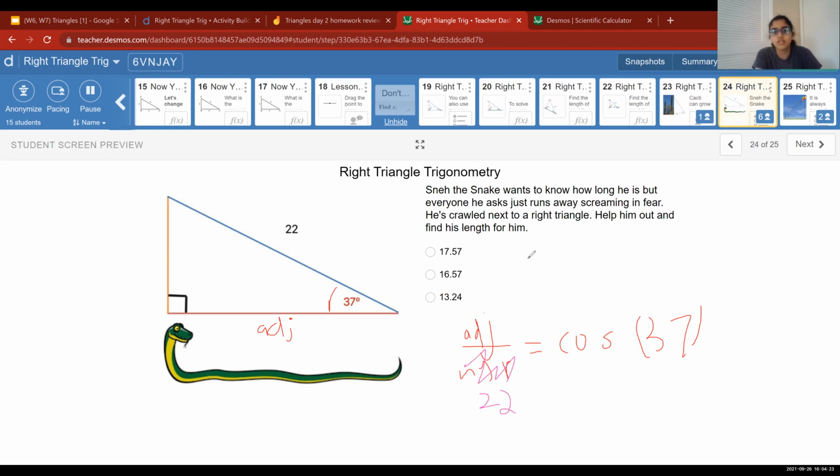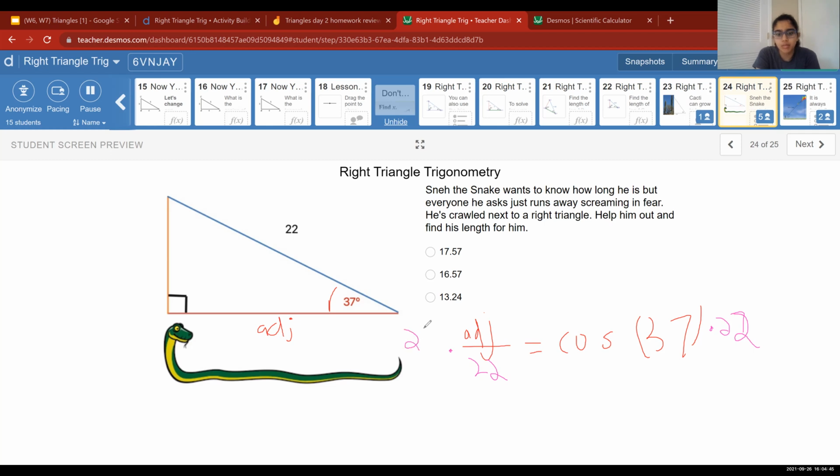So adjacent over 22 is equal to cosine of 37 degrees. So we multiply both sides by 22. Sorry, I misspoke.